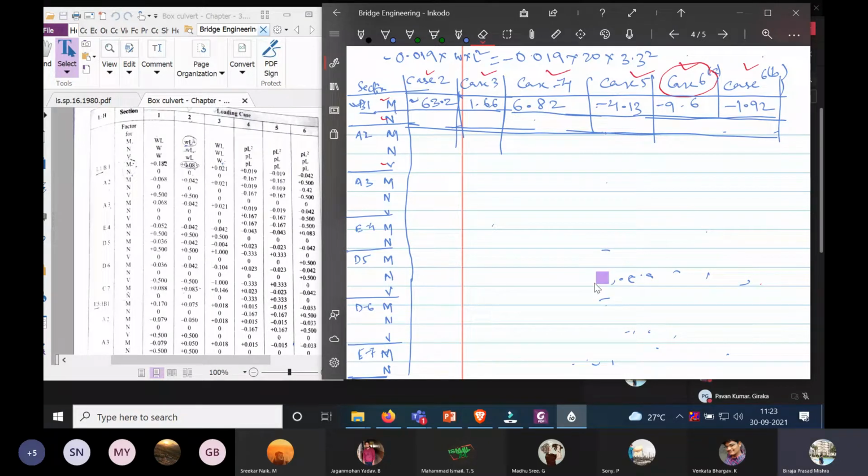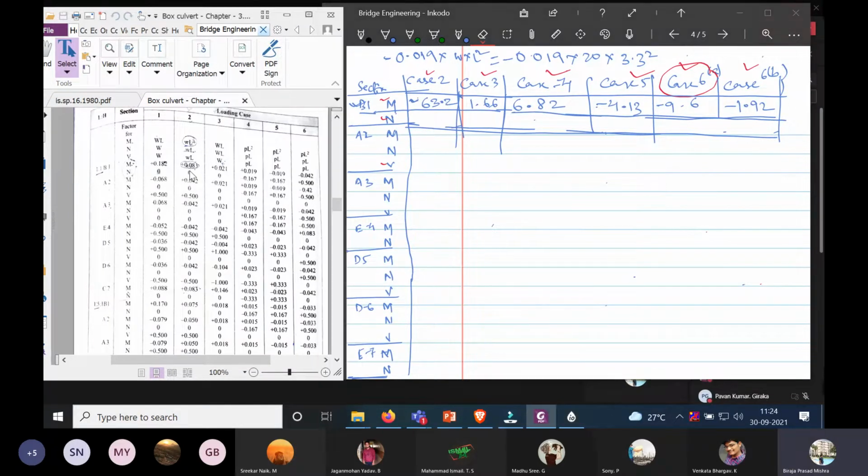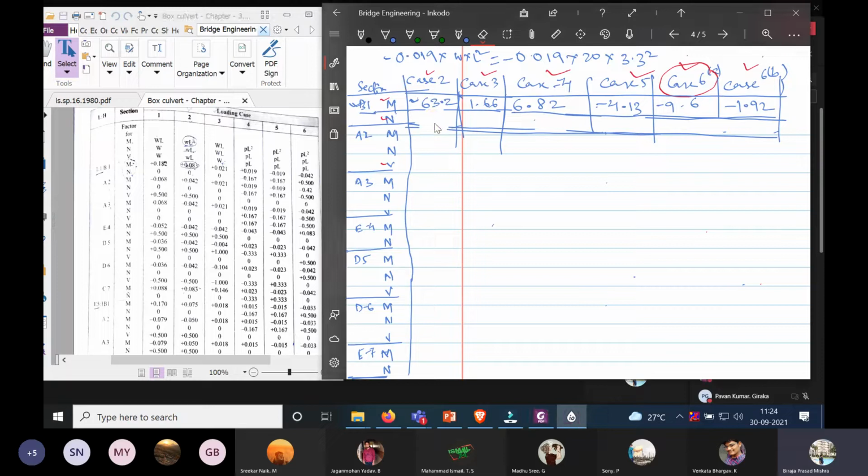I hope this kind of procedure you have to go on adding to it. I'm directly taking, see here the coefficient is 0 and here it is 0, so anything multiplied by 0 is 0 only.